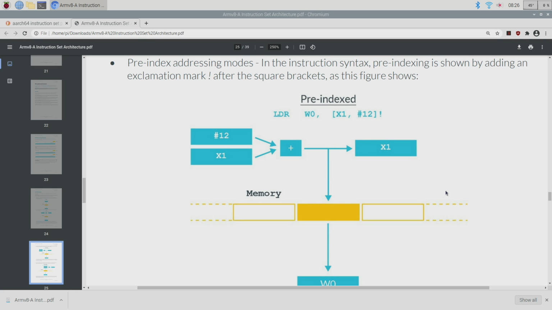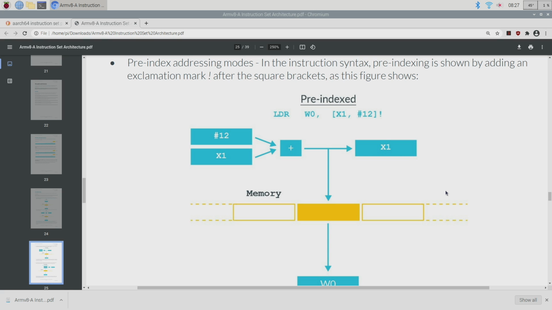It's discarded. If you put the exclamation mark, it's preserved, and that addition, the result goes back into X1. Okay, so if X1 is replaced with our stack pointer, which is the way we've used this, then we put things on the stack and also change the stack pointer simultaneously. Okay, that's the way we've used it. And it doesn't have to be relative to the stack pointer.